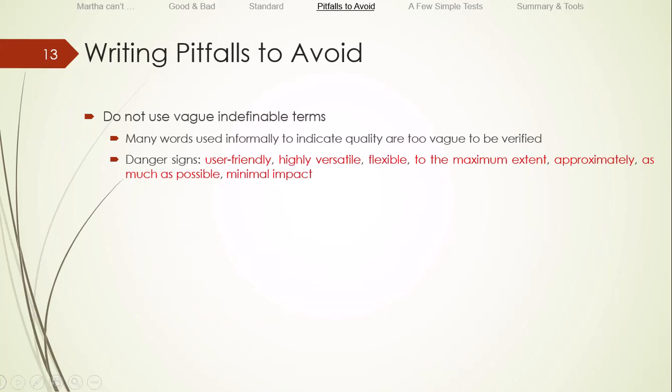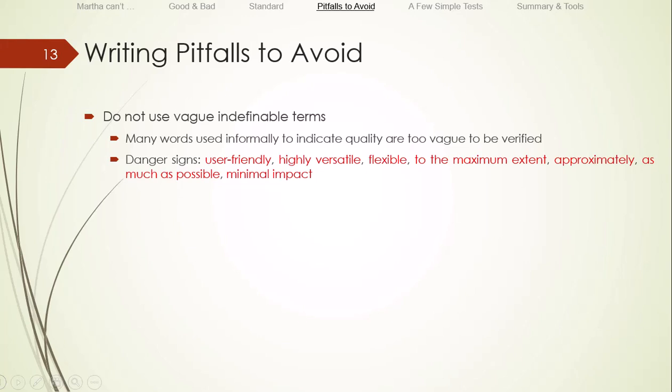Don't use vague, indefinable terms. Many words used informally to indicate quality are too vague to be verified. Danger signs: user friendly. Don't use the word user friendly. Highly versatile, flexible, to maximum extent, approximately, as much as possible, minimal impact. So try to avoid these vague, indefinable terms. We cannot measure as much as possible.